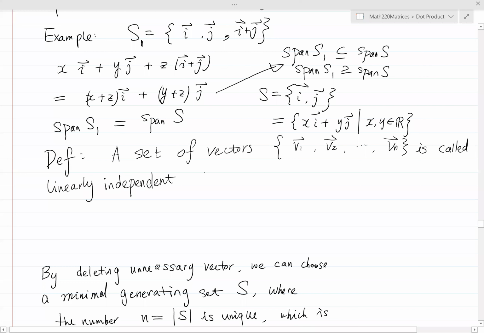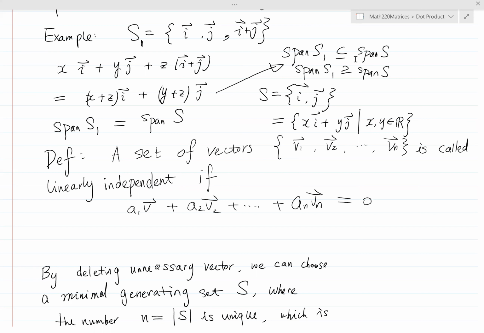If any linear combination that sums to the zero vector happens if and only if the coefficients vanish. The right side is actually the zero vector, but we abuse our notation.